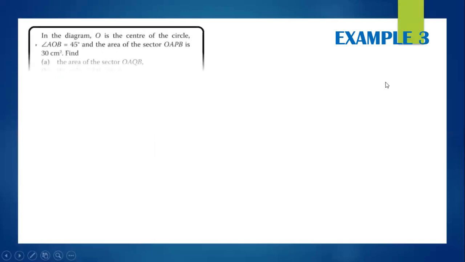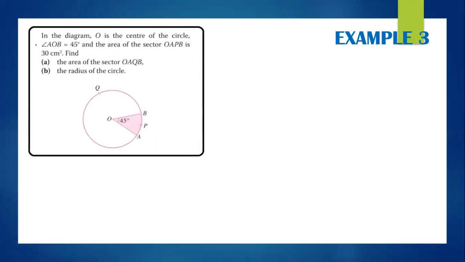Example 3. Okay. In the diagram, O is the center of the circle. Angle AOB is 45 degrees and the area of the sector OAPB is 30 centimeters squared.